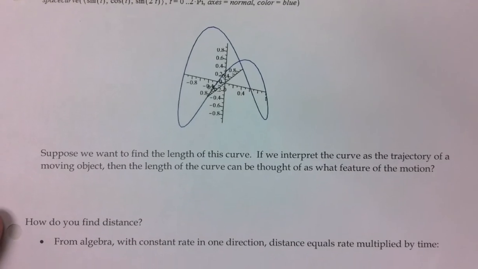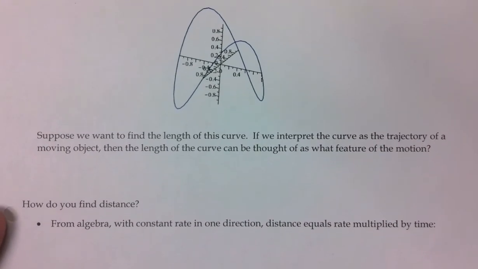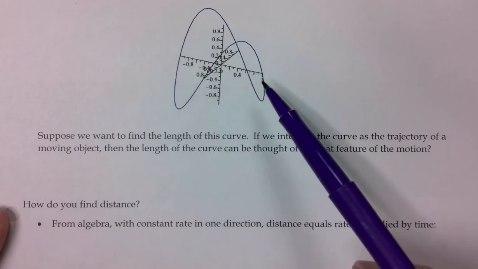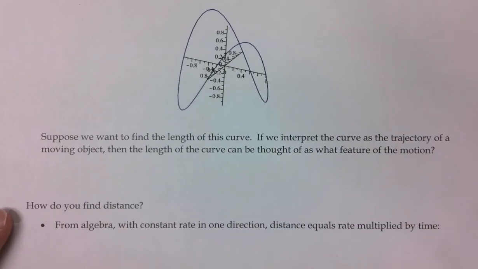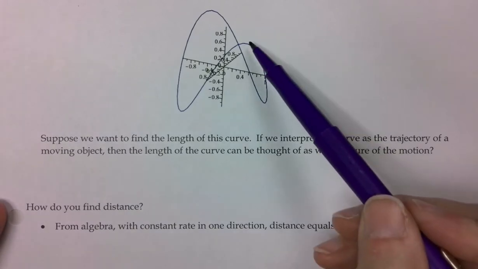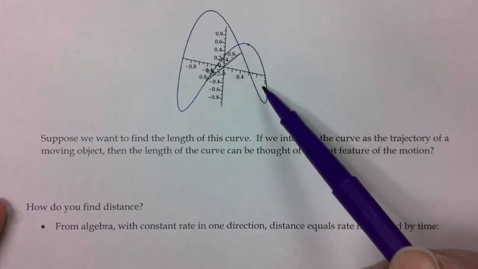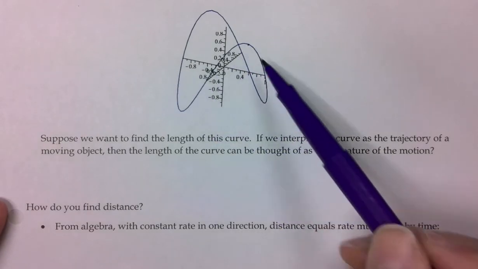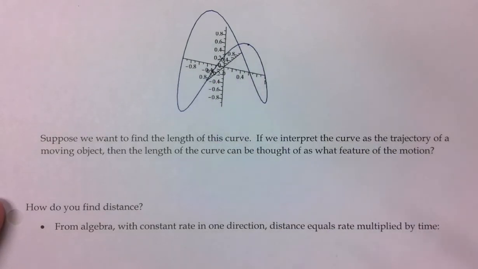If we interpret the curve as a trajectory of a moving object, say you have a moving object that's flowing around that path, then the length of that curve can be thought of as what feature of the motion? Let's suppose you have an object right here and it goes around through the curve. This is kind of a Pringle shape, looks like an elliptic paraboloid.